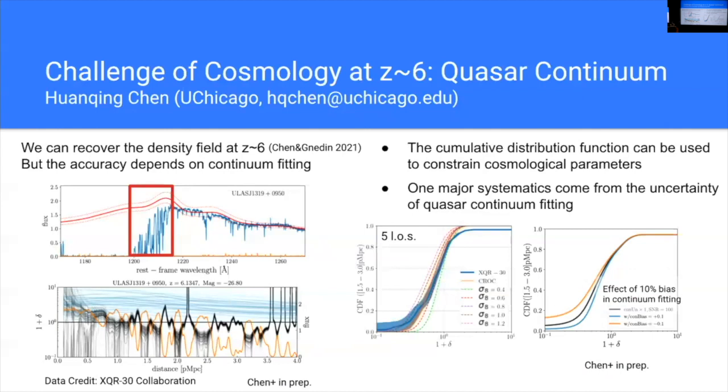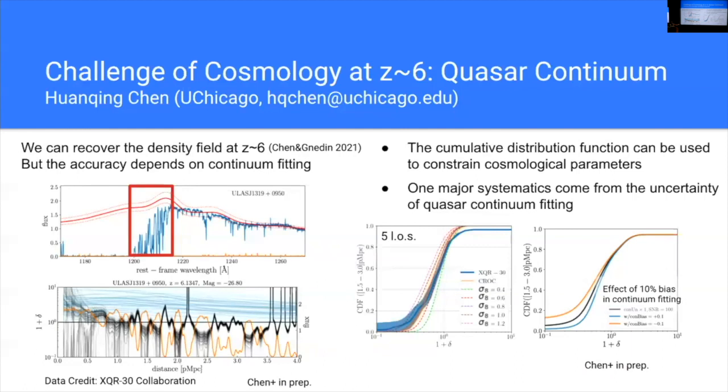So after we have a sample of quasars, then we can build some statistics. For example, we can measure the cumulative distribution function of the density of the gas. And this blue band in this middle panel is the measurement from 5 of our quasar sightlines.